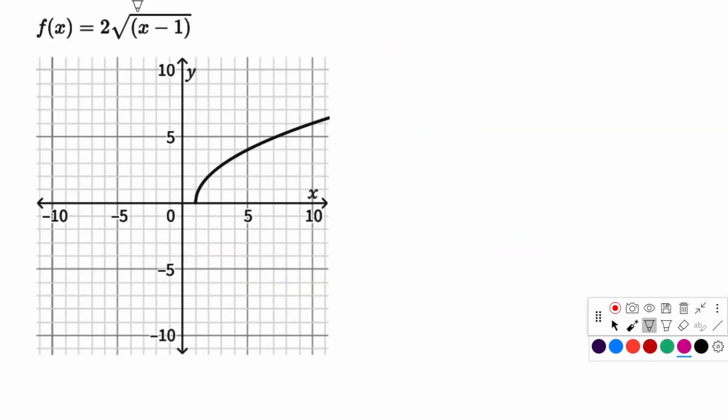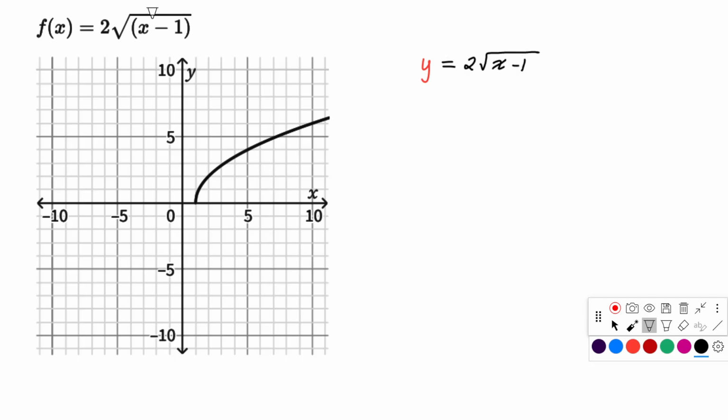This one, we do not have a restricted domain, so whatever equation we get, we're going to graph the full function. And we are going to write y in place of f of x, just like I've done on the previous ones, equals 2 times the square root of x minus 1.